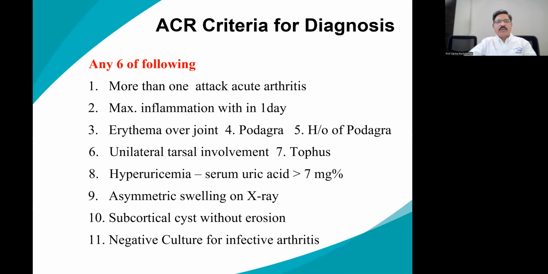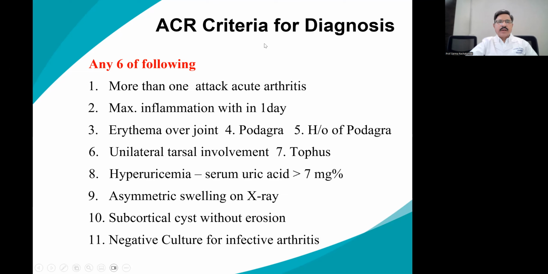Unilateral tarsal involvement, not bilateral. Tophus, that is tophi. Hyperuricemia more than 7. Asymmetric swelling on the X-ray. Subcortical cyst without erosion. Negative culture for infective arthritis. So out of these, any 6 will make you diagnose the disease.